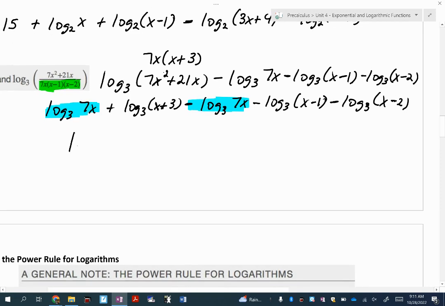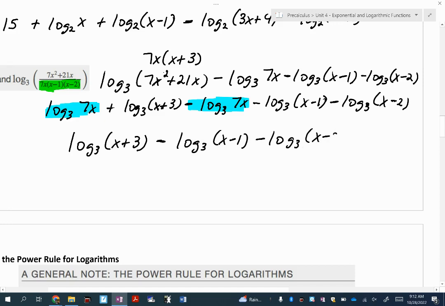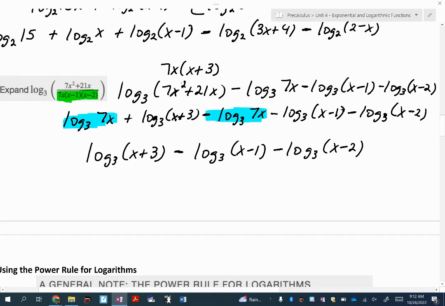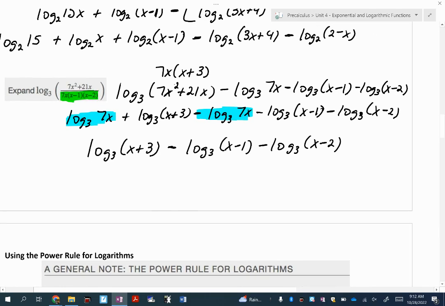So I'm just going to write down my answer, which is log base 3 of x plus 3, minus log base 3 of x minus 1, and then minus log base 3 of x minus 2. All right, so that is expanding that logarithm.